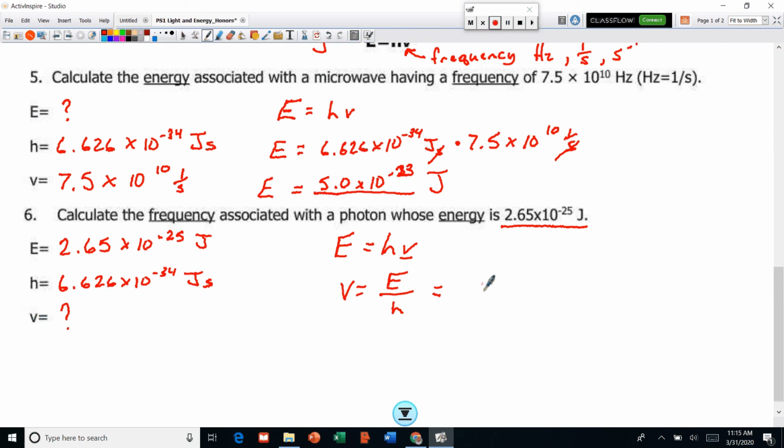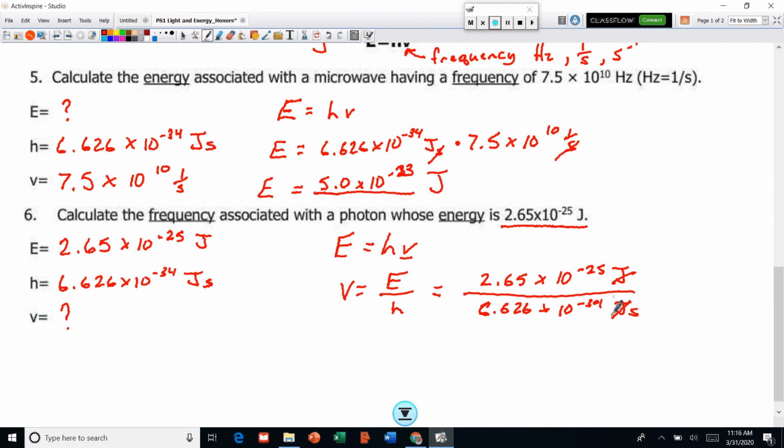So 2.65 times 10 to the negative 25 joules divided by 6.626 times 10 to the negative 34 joule seconds.